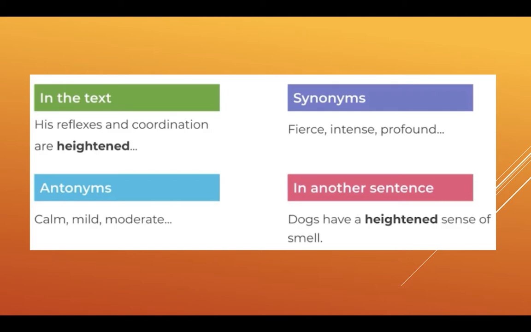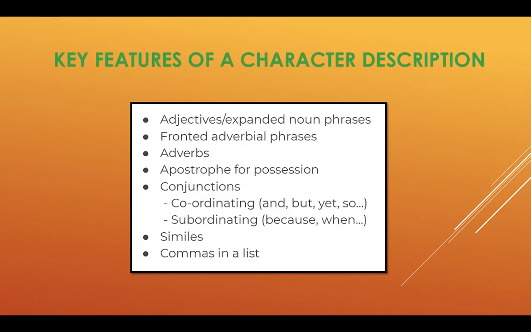So they are gifted with a powerful or heightened sense of smell. So once again, this is a list you need to be familiar with. You need to know it because as you're writing, you want to apply these features to your character description.